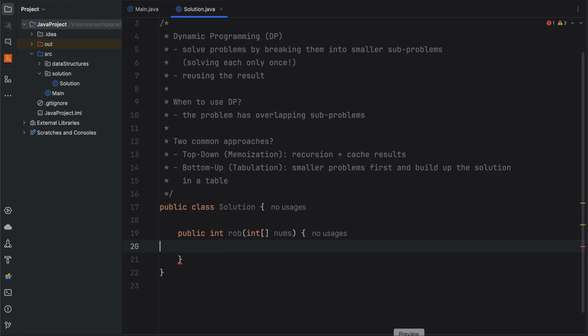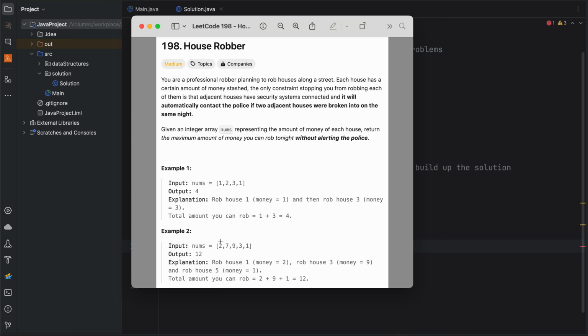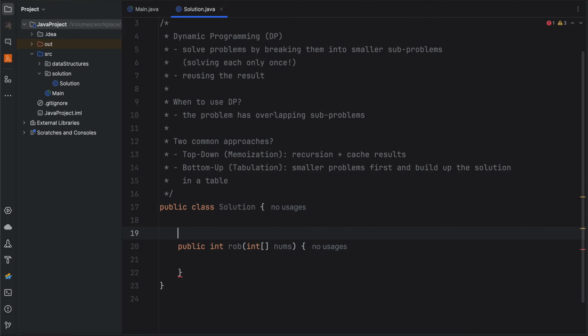Let's quickly write this second example down: 2, 7, 9, 3, 1.